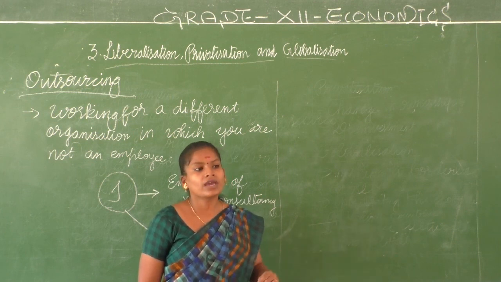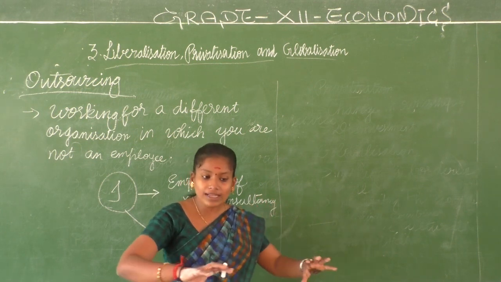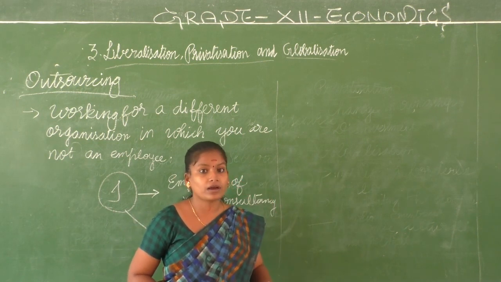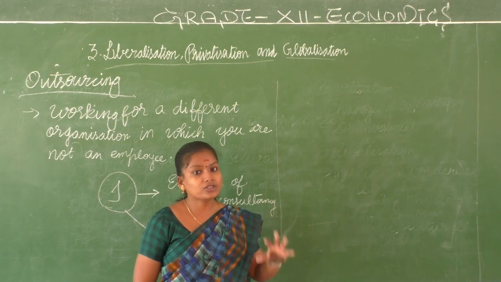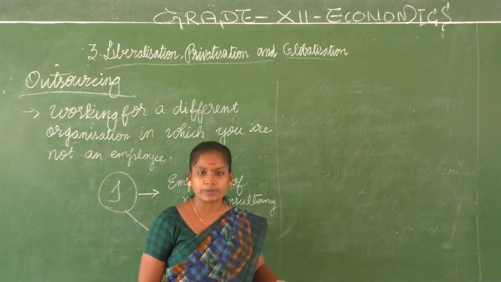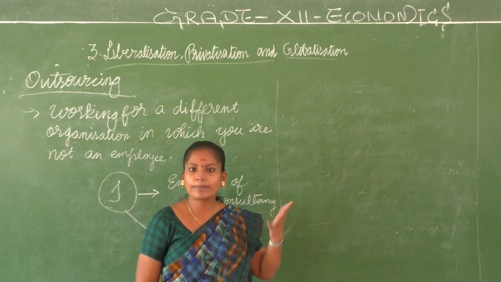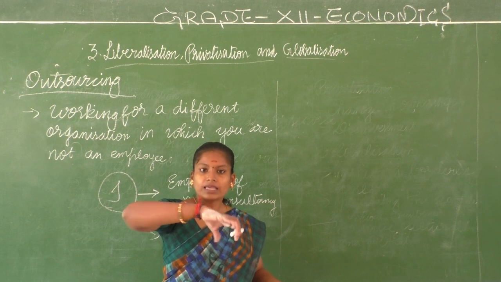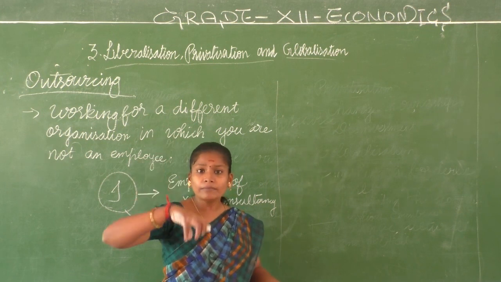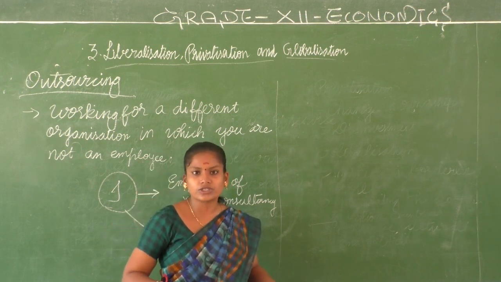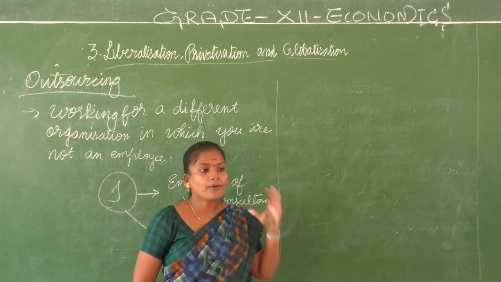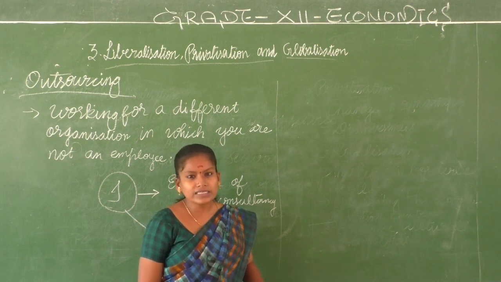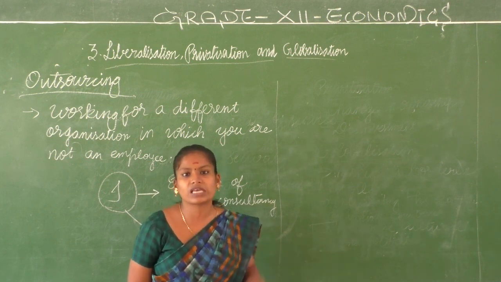That hematologist's services were outsourced. They did not have a hematologist in their own hospital. அந்த hospitalல அப்படி ஒரு departmentல டாக்டர் இல்லை. So they recruited one person to come and meet me for the consultation. That is the meaning of outsourcing.